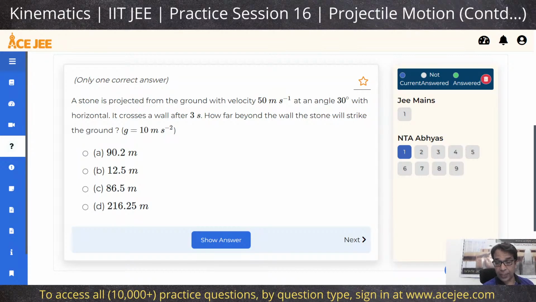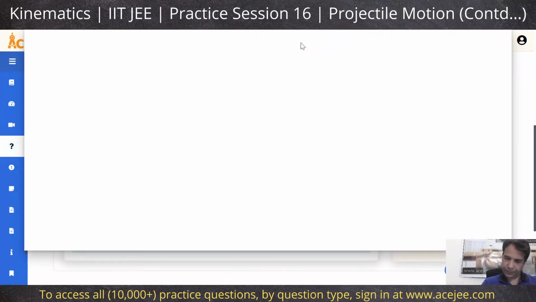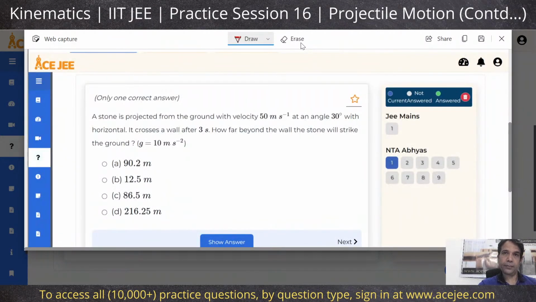We're not being asked to find the entire range. We are only being asked to find the distance from the wall. Good. That's a good question. While you guys are trying to solve it, I'm going to just scribble. You don't need to look at the screen to carry on.